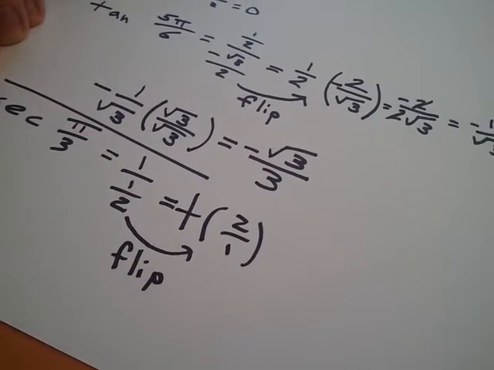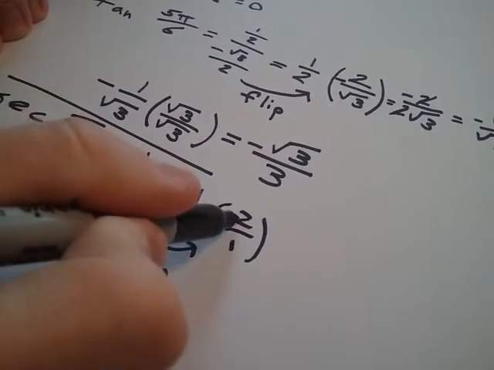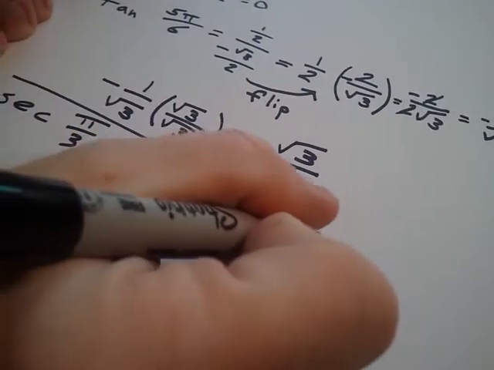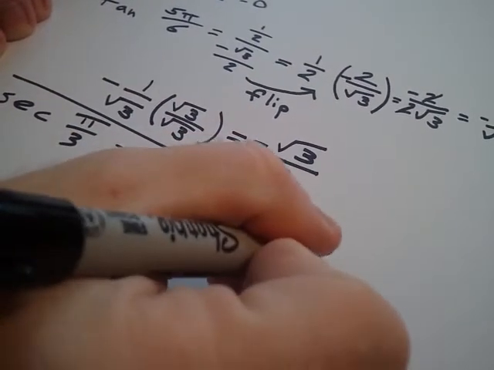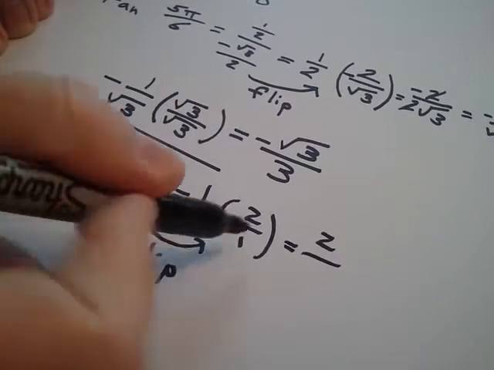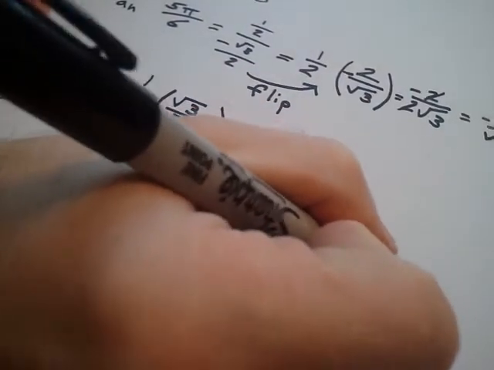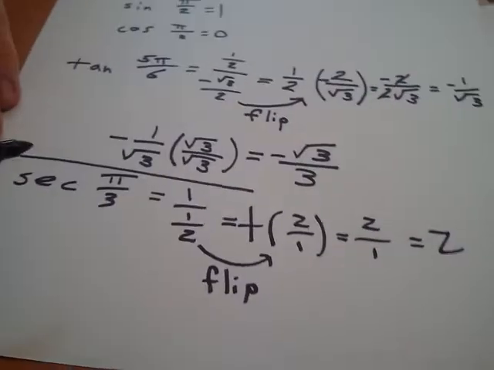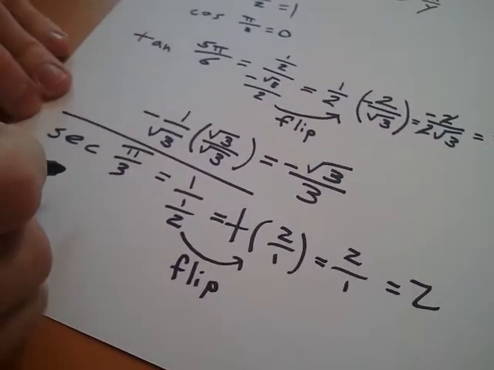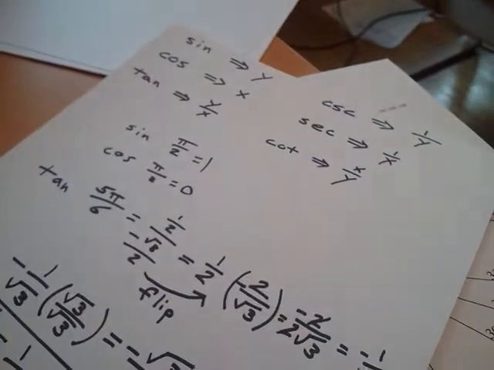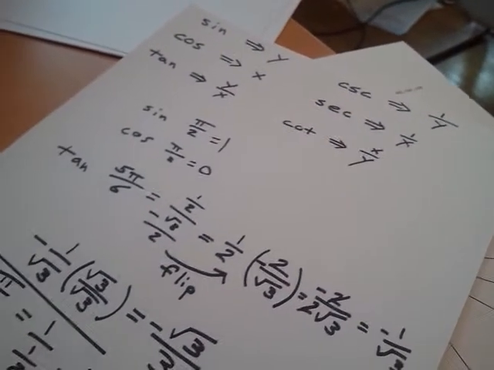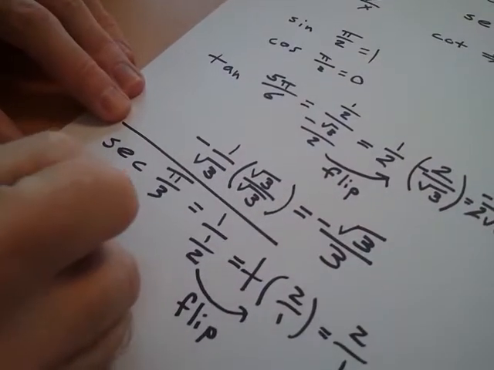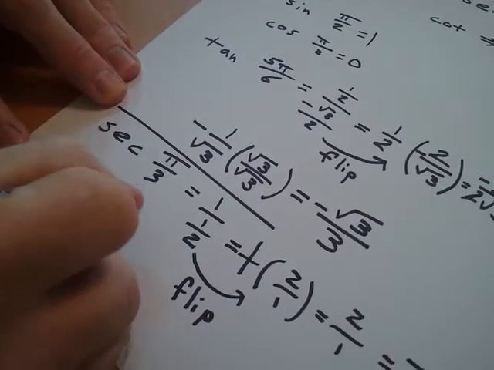We multiply straight across. 1 times 2 gives us 2. And then on the bottom, 1 times 1 gives us 1. So it's just 2. Or if you want another way of looking at it, remember secant is really cosine flipped. Cosine of pi over 3 is 1/2.